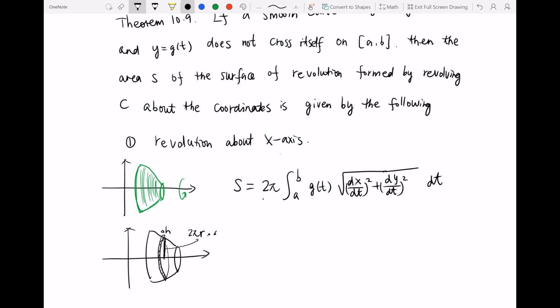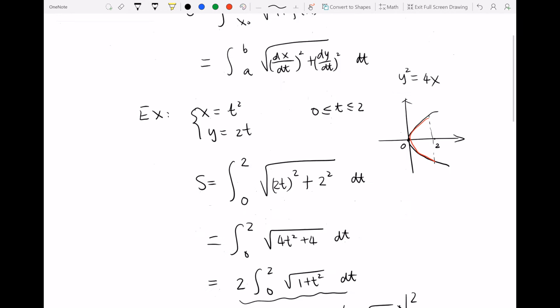So 2 pi r times the small change of the curve. The small change of the curve is the square root of (dx/dt) squared plus (dy/dt) squared, dt, because previously we did the arc length s formula.